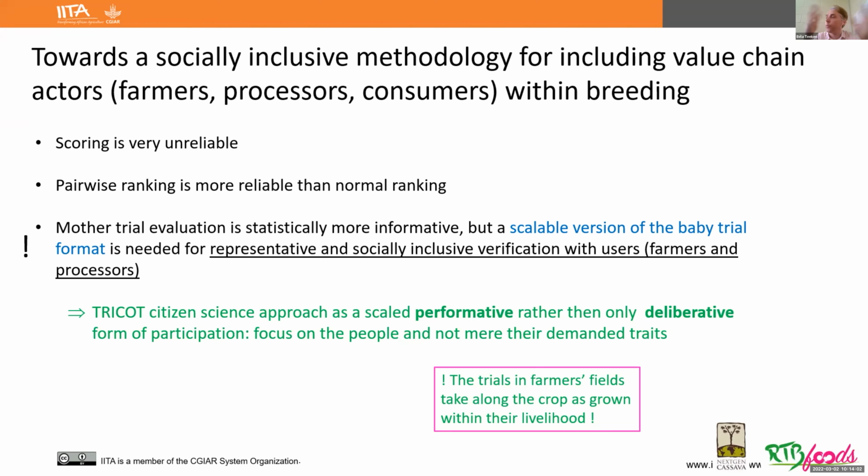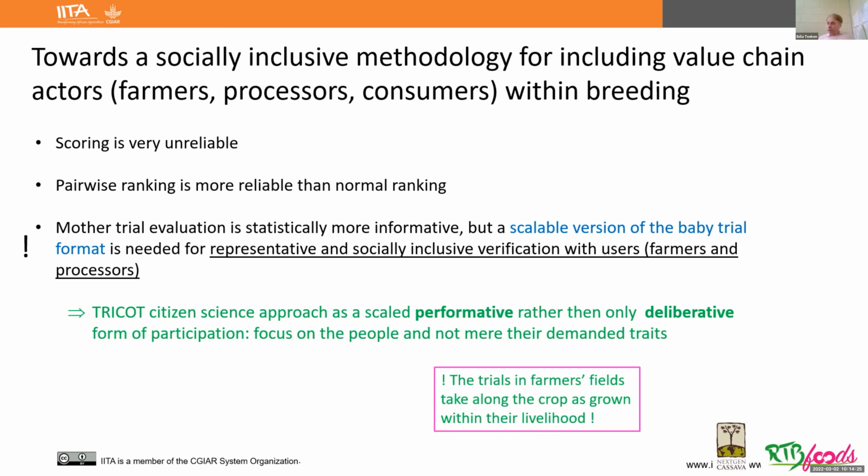It's a kind of a lot of baby trials, but no mother trial. So it's a kind of incomplete block, which embraces variance. It embraces differences in agri-ecologies, and also differences in ways of processing and other social things.